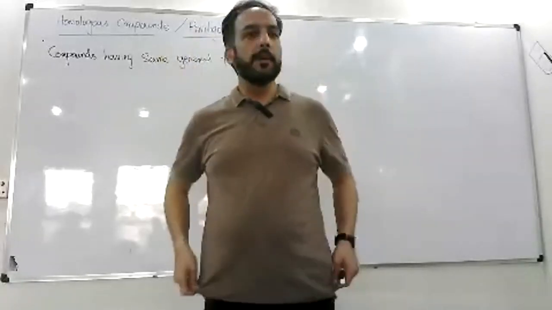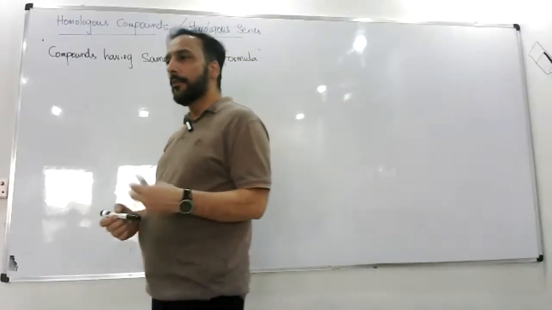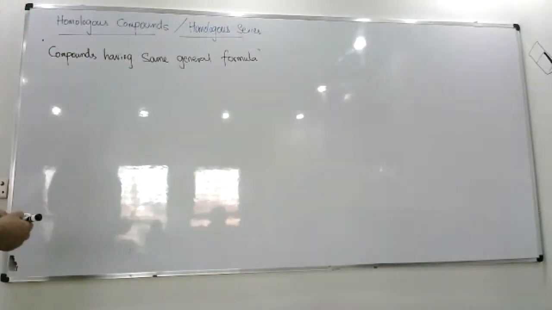इसकी जब मैं एग्जांपल लिखूंगा फिर ही आपको सही समझ आएगी, ठीक है? तो ये तो इसकी डेफिनेशन है, and then one or two more points that I'll write about homologous compounds.